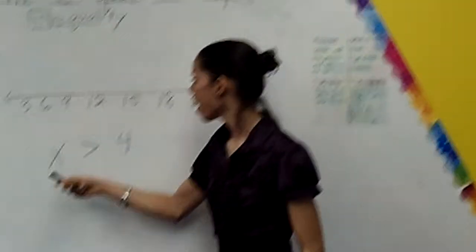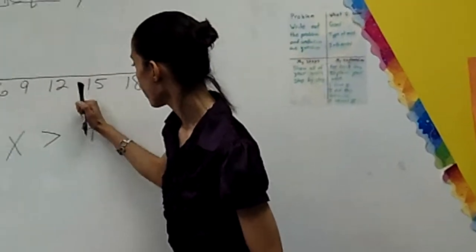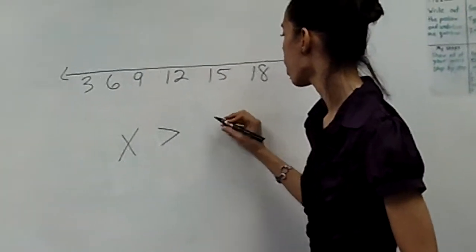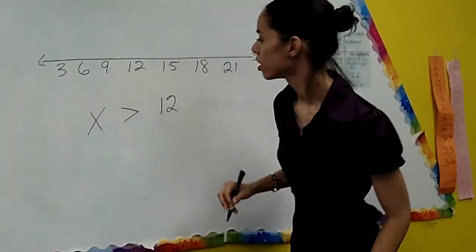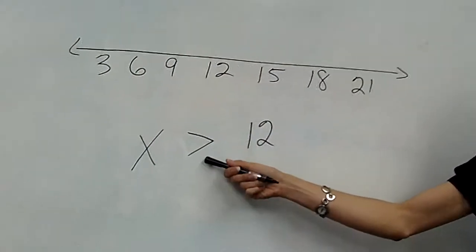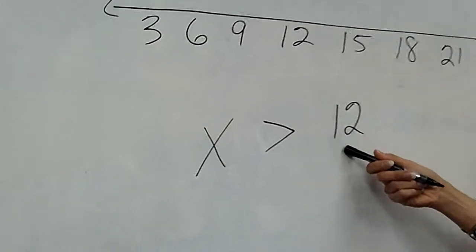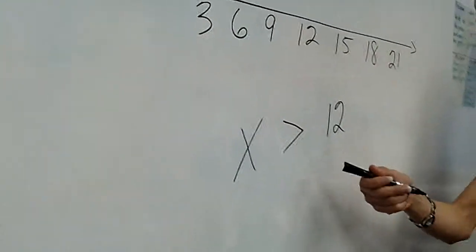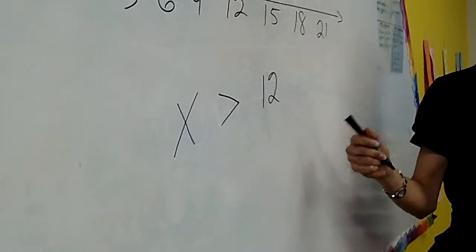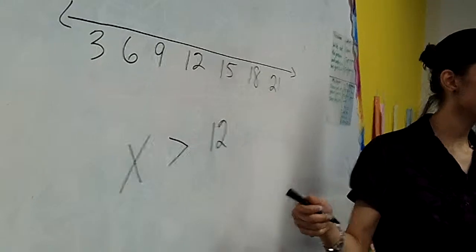So let's look at this. X is, oh wait, I don't even have a 4 up there. How about 12? So x is, what is this, leaders? Greater than 12. So x is greater than 12. I'm looking for all the numbers that are greater than 12.